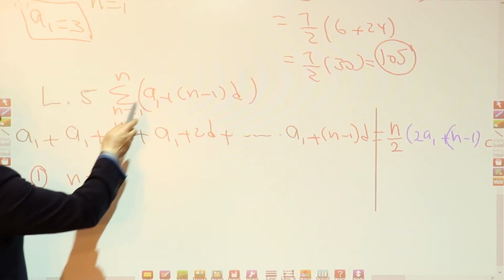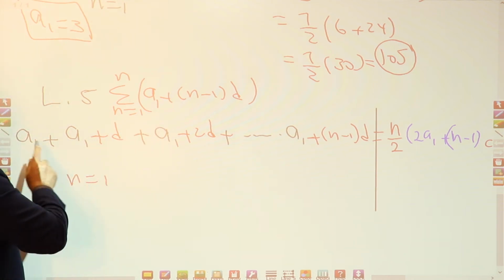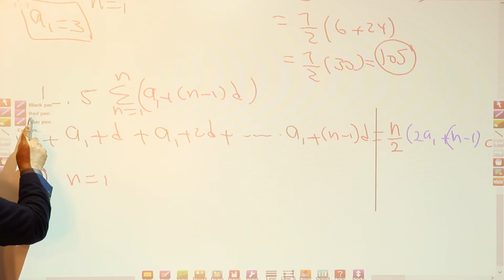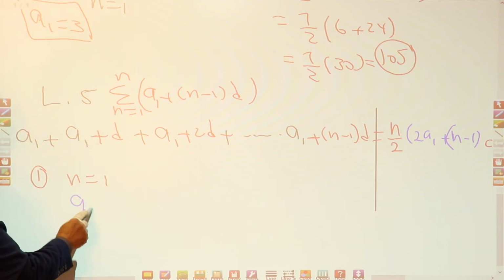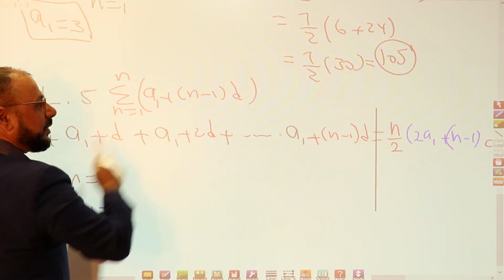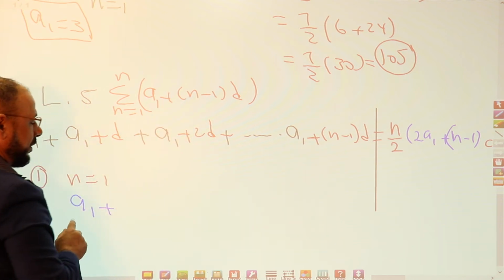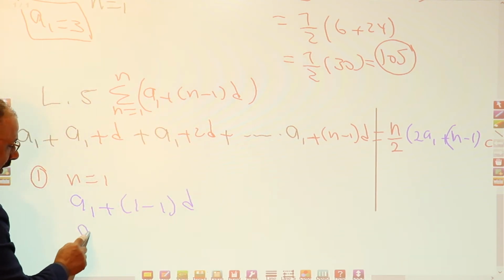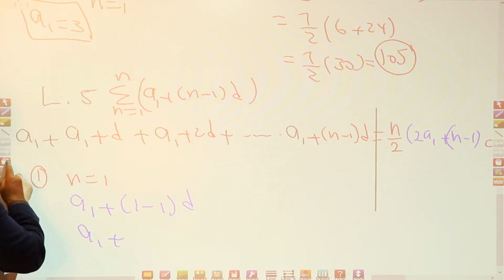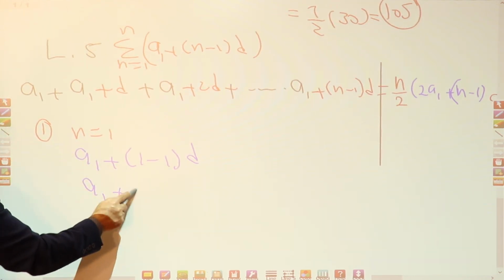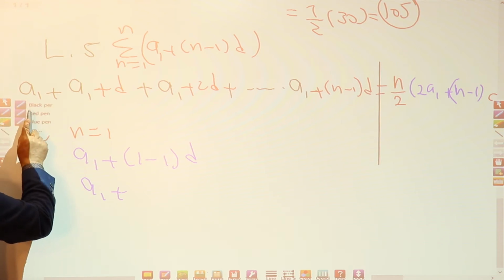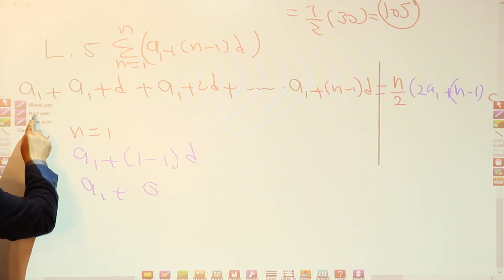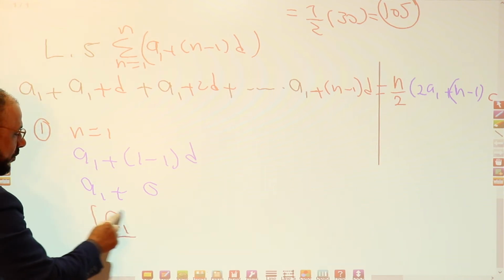When n equal 1, the left side is a1 plus 1 minus 1 times d, which is a1 plus 0 times d, which is a1. Then this is my left side.